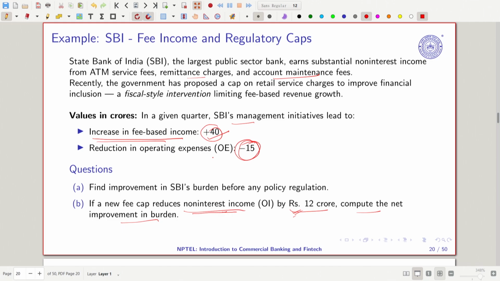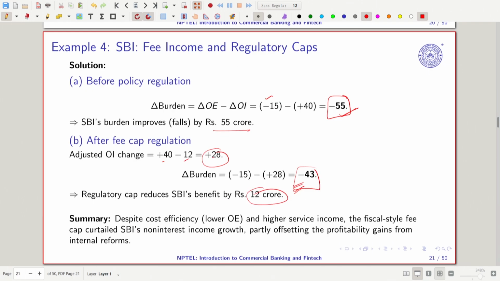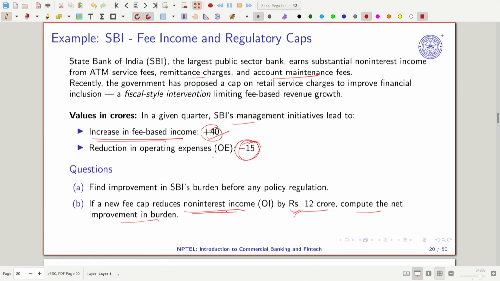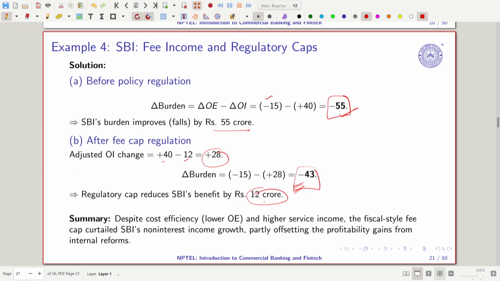So, how much are they going to see? We can see that at this level we are seeing an increase by 12 crore, and we have already put here that if the non-interest income is going to reduce by 12 crore, then how it is going to impact the burden. So, the change in burden when we calculate is coming out to be close, and it is happening through this process because of this cap that we are going to see, right. So, this is what we are having.